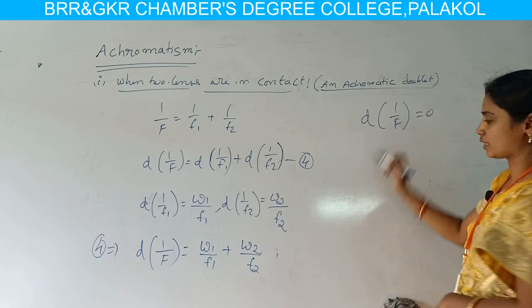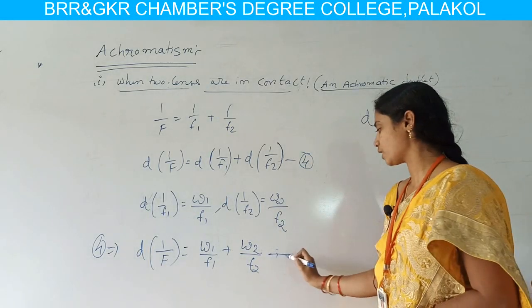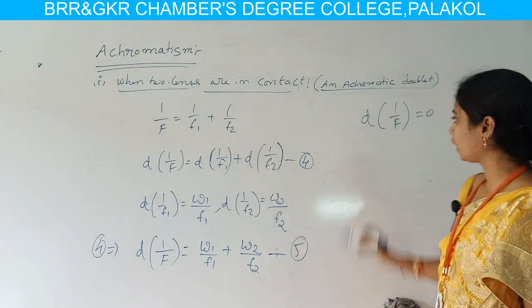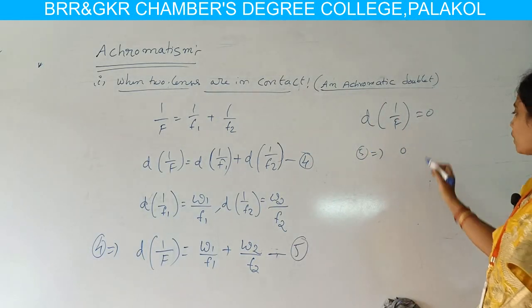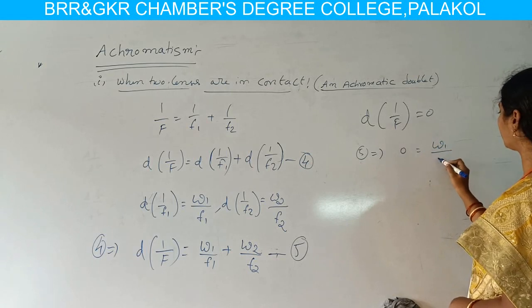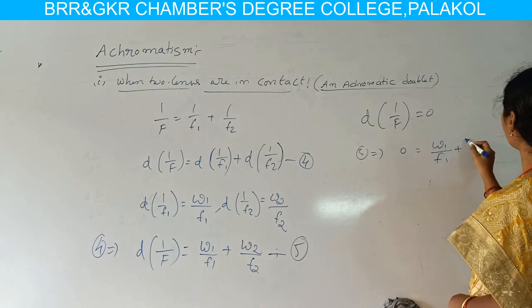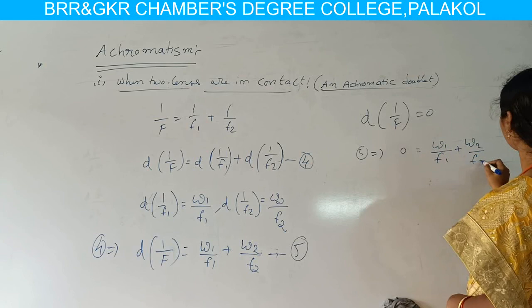By substituting this in the above equation, this is considered as equation 5. Then equation 5 implies 0 = omega 1 by f1 plus omega 2 by f2.